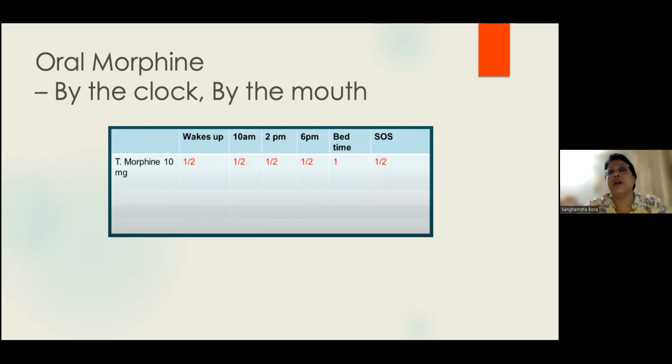But when we have come to the conclusion that the patient needs oral morphine of 4.5 mg equivalent of the injection morphine, we need to come up to the best possible oral option. So that would be around 5 milligrams of oral morphine every 4 hours. All right. So you give half tablet when he wakes up, maybe around 6, then half at 10, then 2, 6. And this is the chart that you can actually give the patient to follow at home.